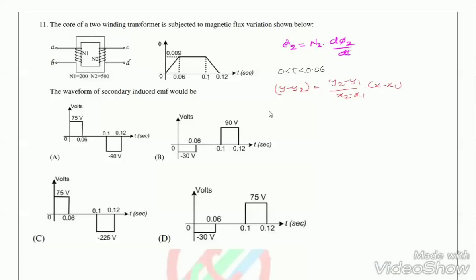So during this period we write y2. Here we have xy coordinates, so this is y2 and this is x2, and x1, y1 is the origin.